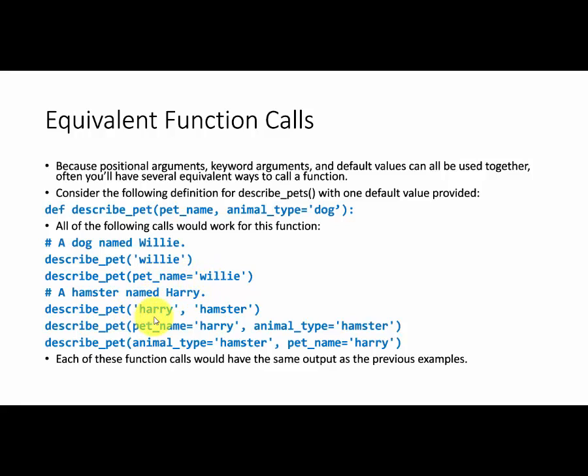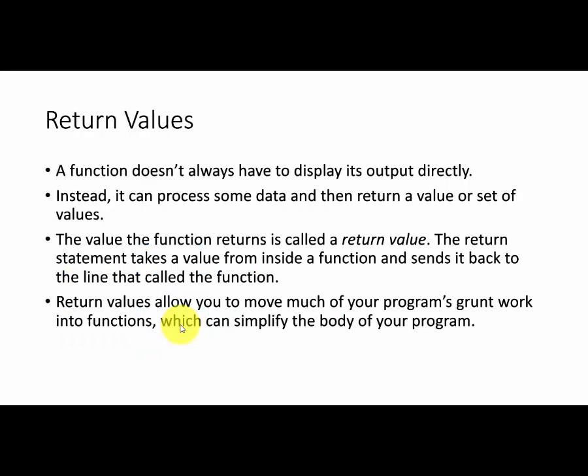Then another is the different methods, by changing the order, pet name, animal type, pet name. So these are all the possible ways to call a function. So the output will be same. Okay, the ways of calling a function is different. Okay, students, fine. So I will move on now to the next slide.